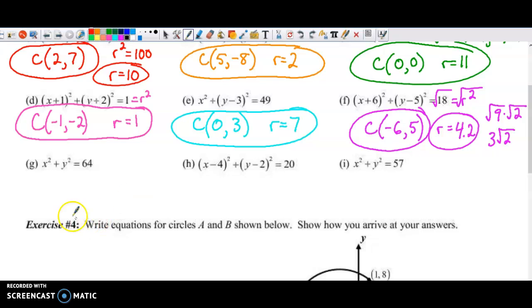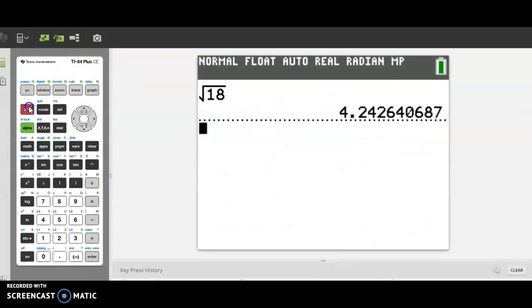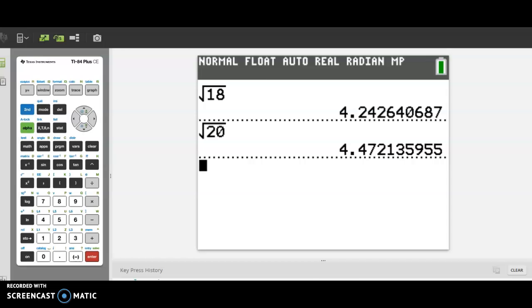And yeah, I'm just going to quickly give you the rest of them. I don't know, the square root of 20. In simplest radical form, it would be 2 root 5, if you want to practice that skill. 4.5.